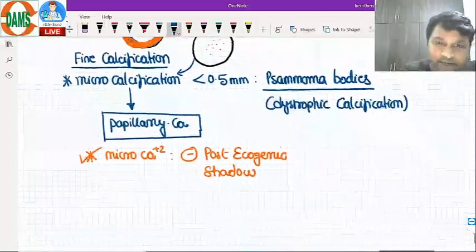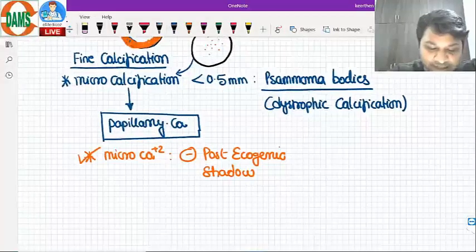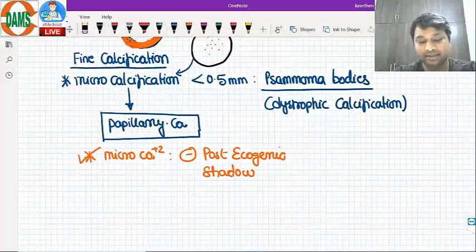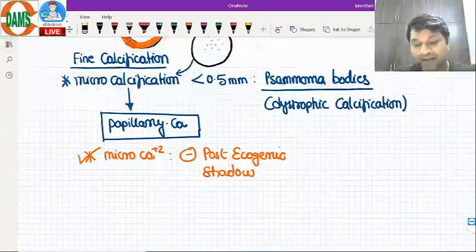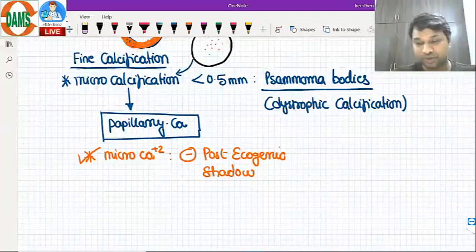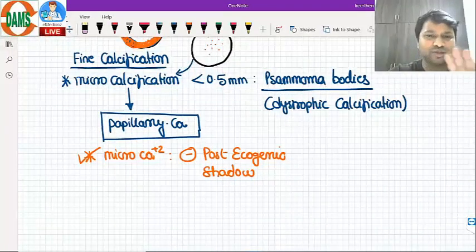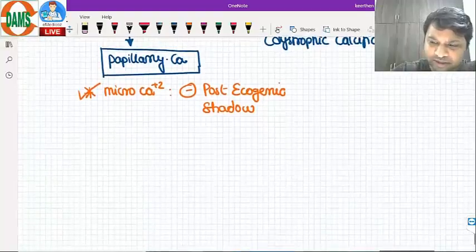Now, I emphasized that the microcalcifications of papillary cancer thyroid will not have post-echogenic shadows, right? Now, I'll show you an image to be on the safer side. Just give me 1 second.